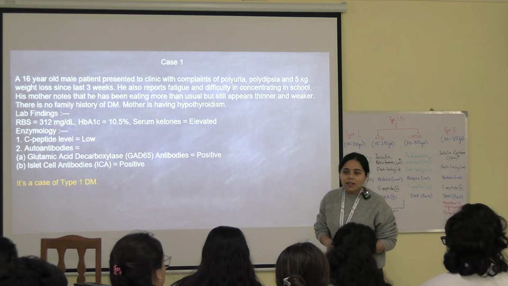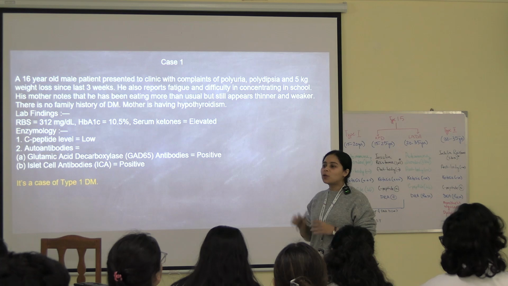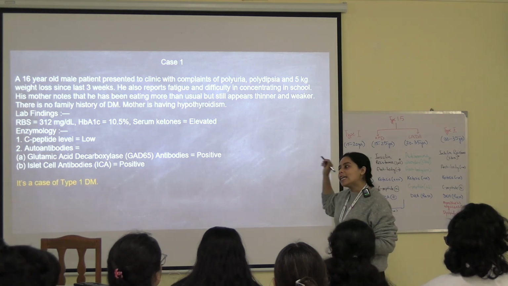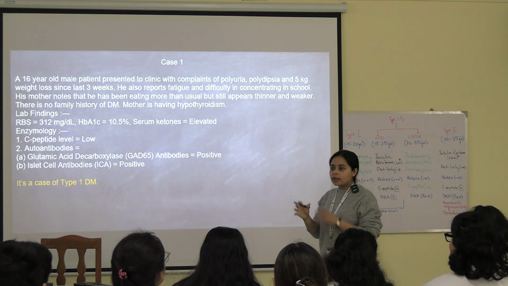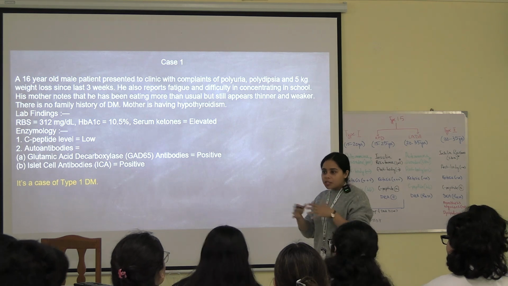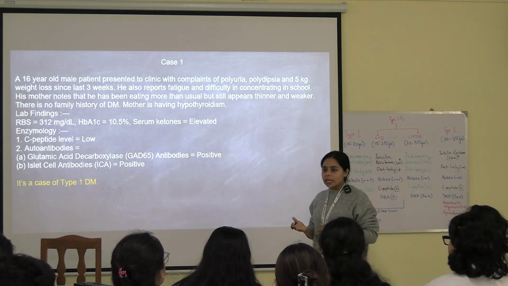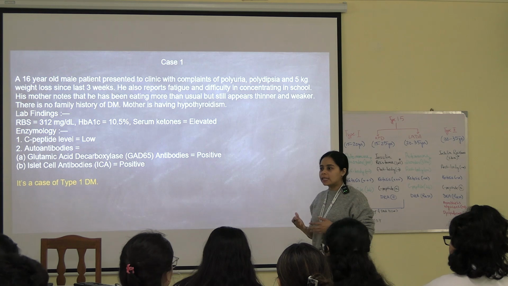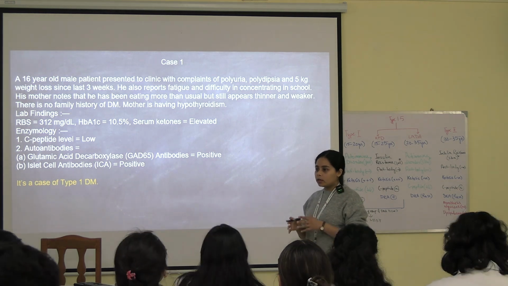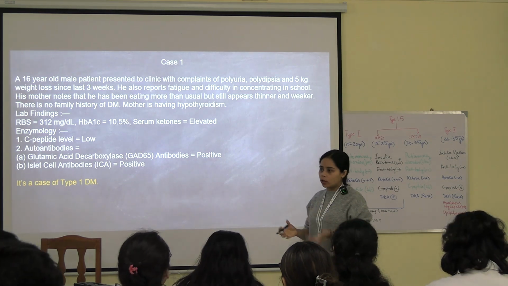Our brain needs glucose to concentrate. So he is eating more, but is there any energy production? Is glucose metabolism taking place? It is not taking place. Whatever he is eating, the glucose metabolism is not happening.